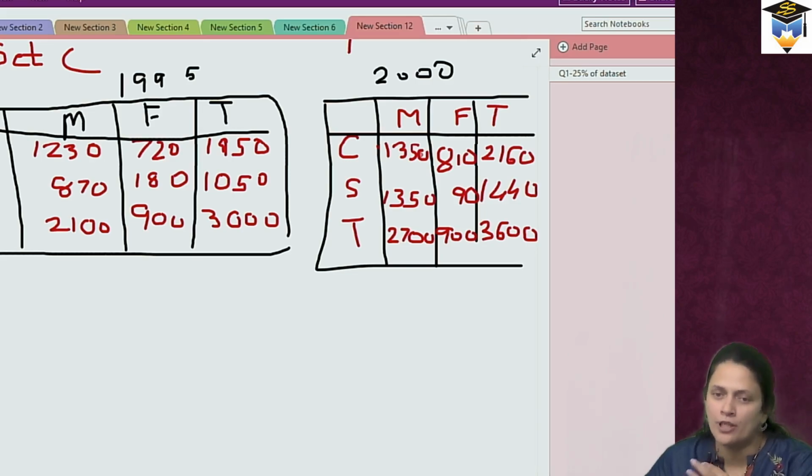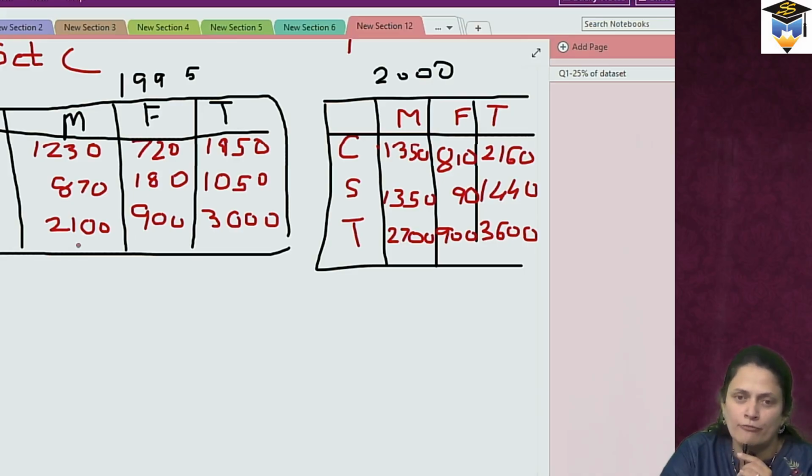So 70 upon 100 into 3000, the answer is 2100. That is the total number of males. Now 3000 was the total number of people, so 3000 minus the number of males gives us the number of females, that is 900.